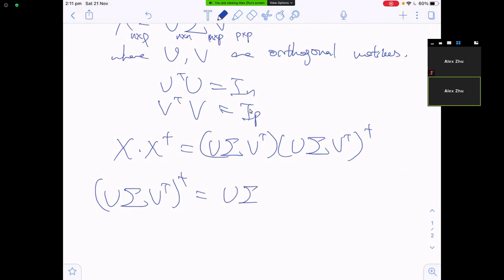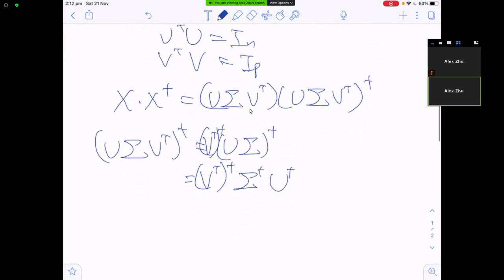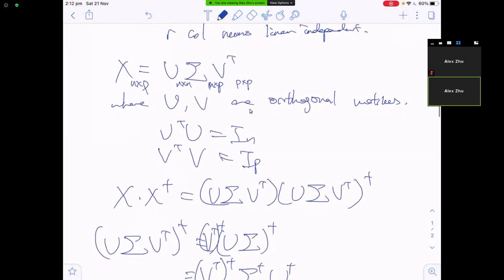So you have U times sigma pseudo inverse times V transpose pseudo inverse, and then doing that again, you get sigma pseudo inverse times U pseudo inverse. Now we just need to evaluate this part and this part separately using the properties of orthogonal matrices.